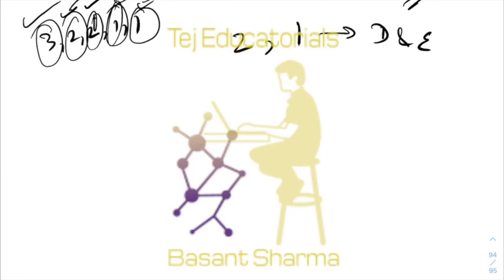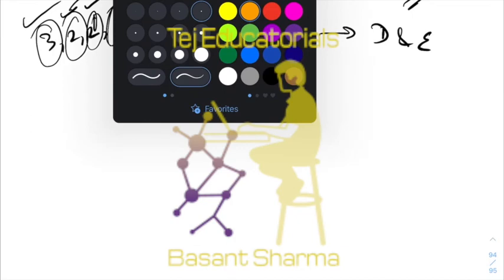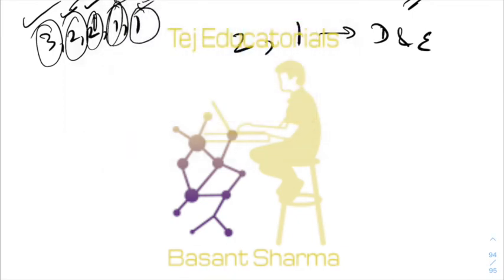Now if I ask you to find the number of distributions in which A and B get equal number of objects, that is again simple.